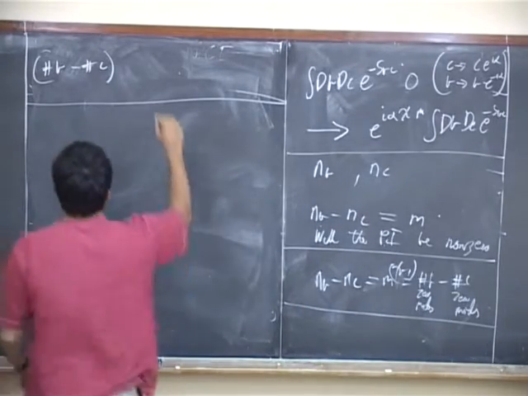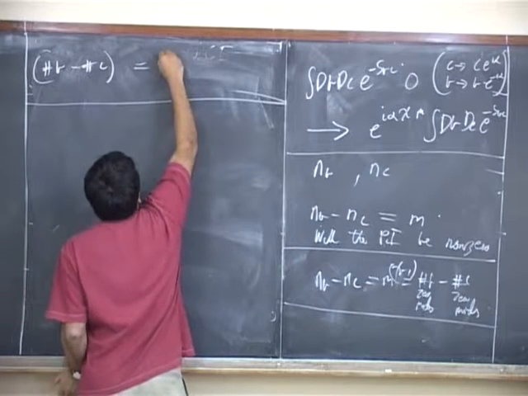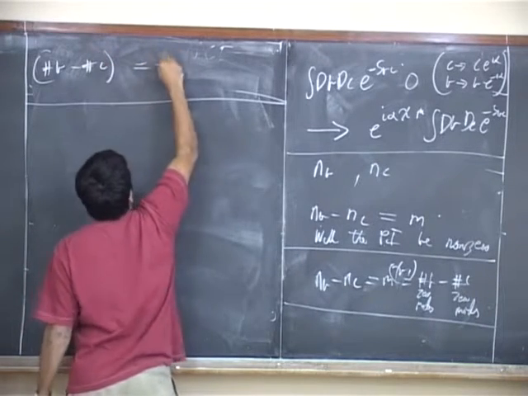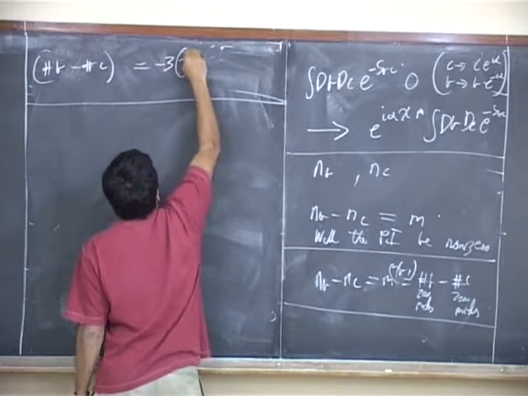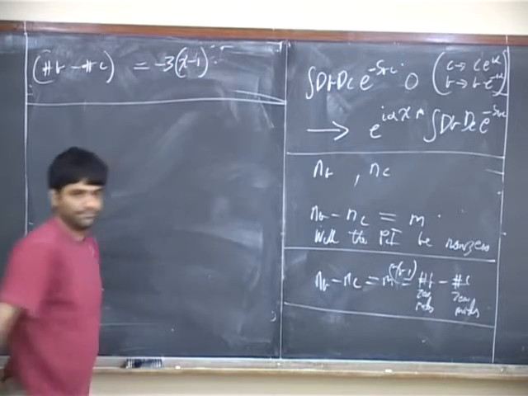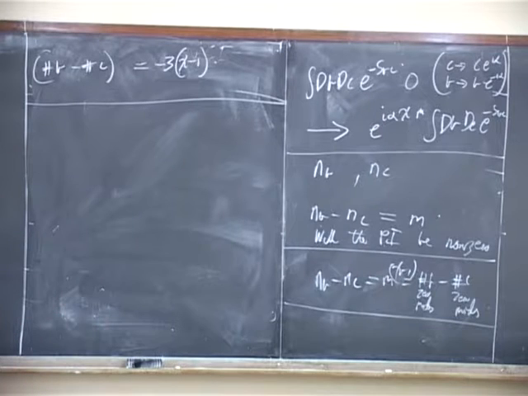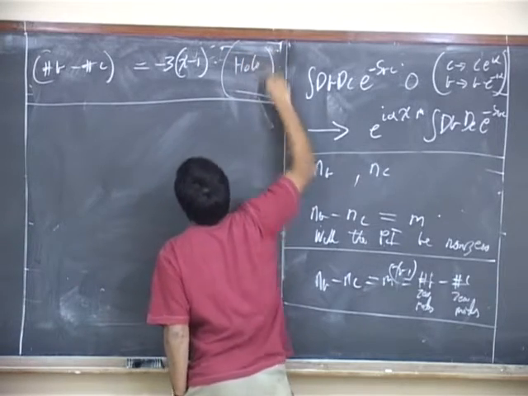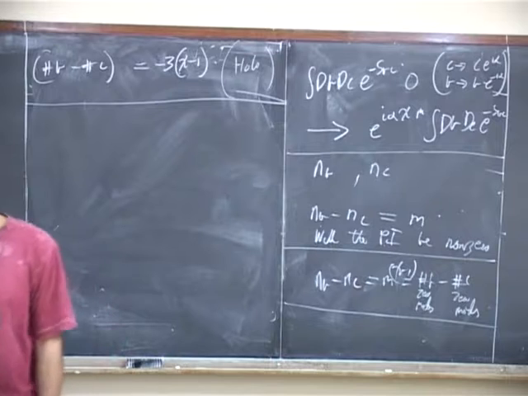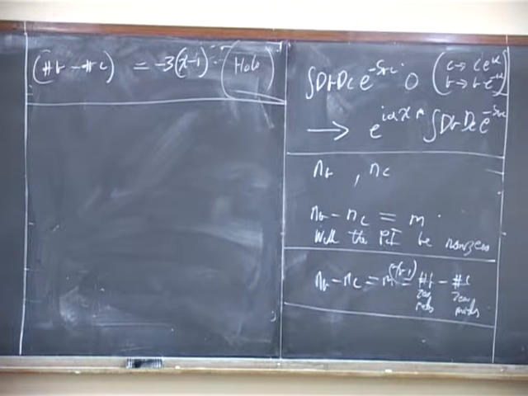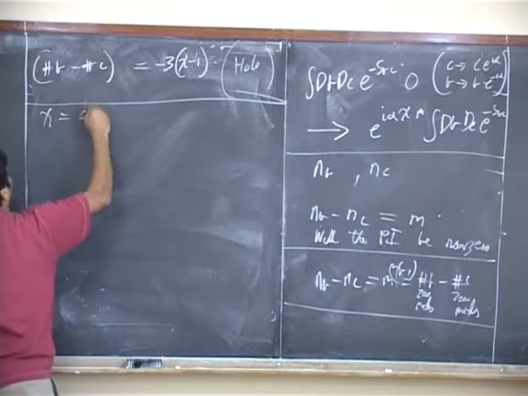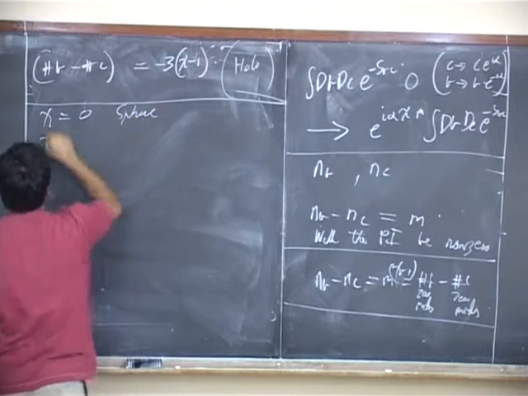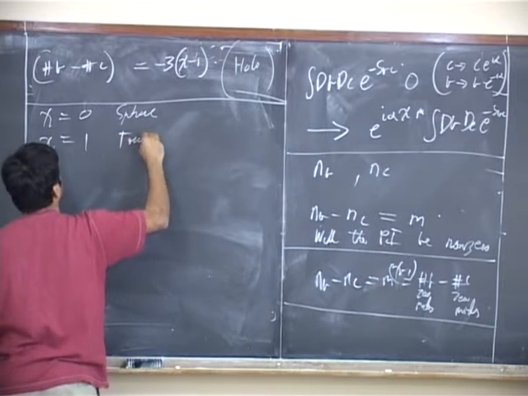Okay, so this turns out to be equal to 3. We have written minus 3 times chi. So this is called the holomorphic. Okay, and we're working this chi. So let me remind you, chi equals 0 for the sphere, chi equals 1 for the torus, and so on.